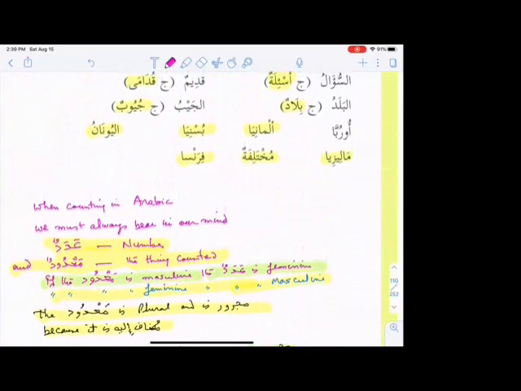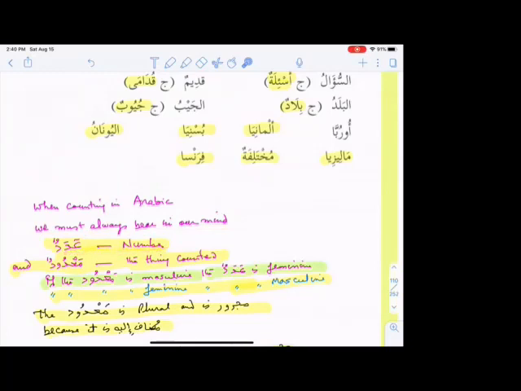When counting in Arabic, my brothers and sisters, we must always bear in mind two things: adad, which is the number, and ma'dud.